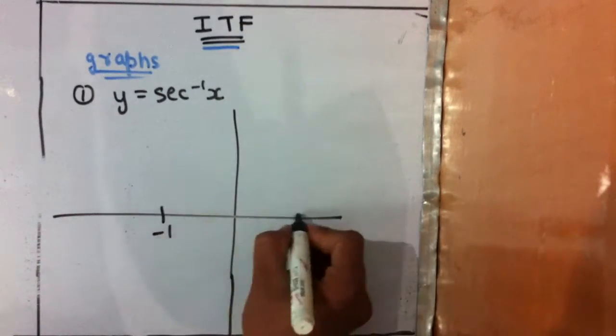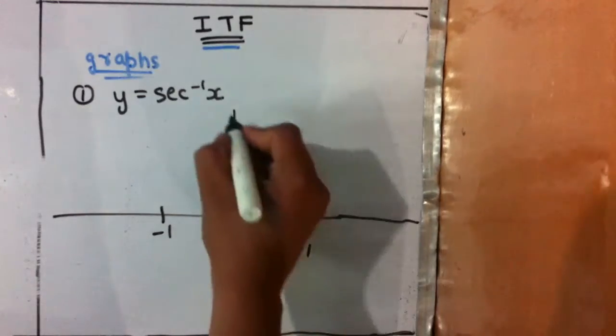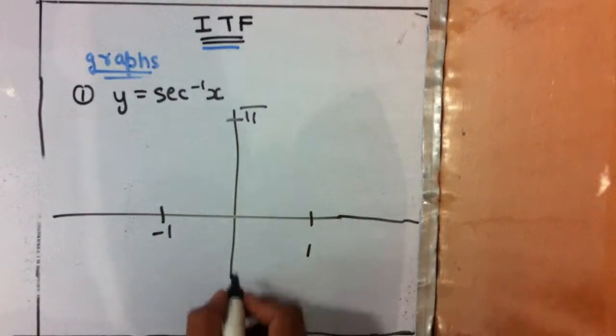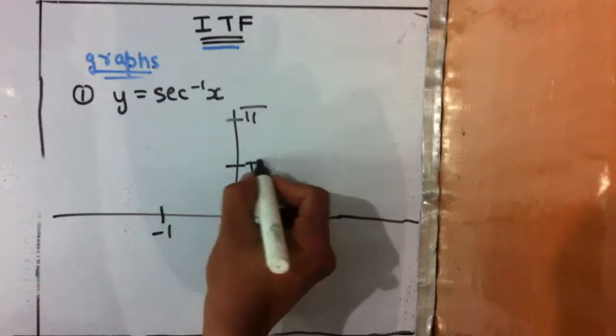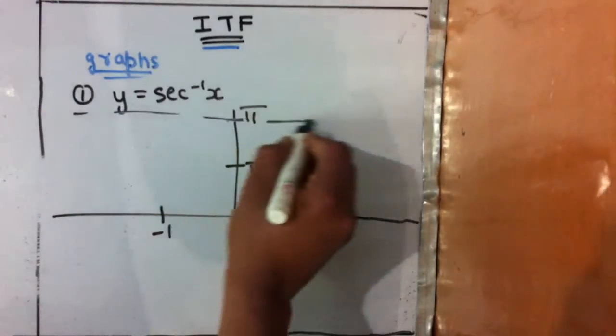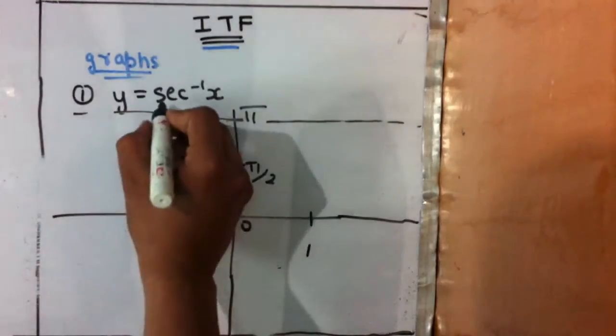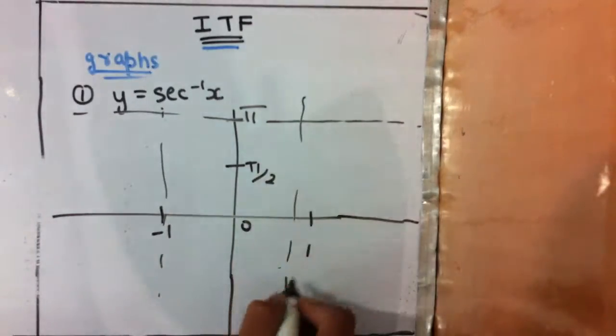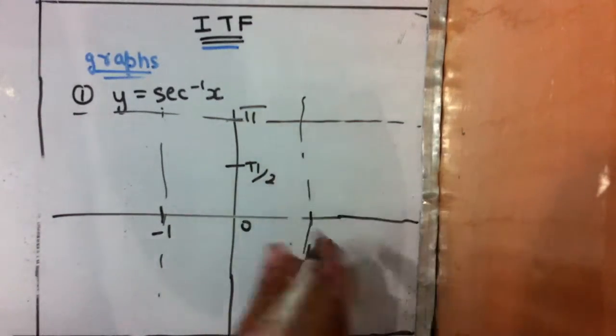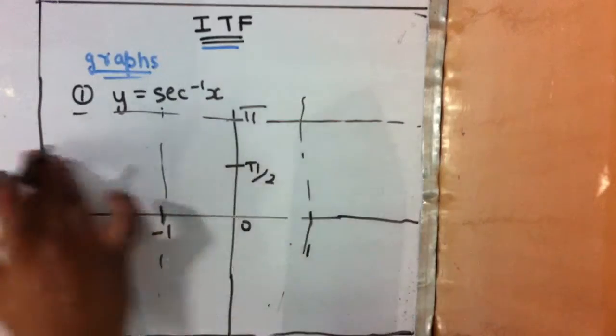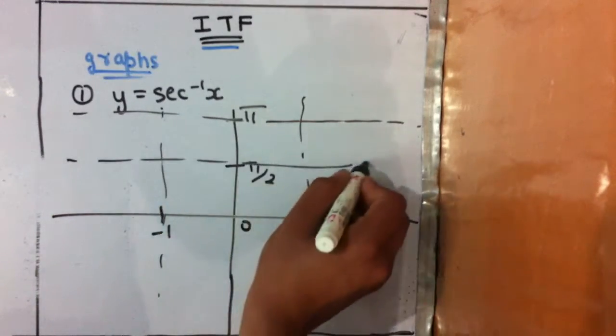For tracing the graph of this function, this is minus 1, this is 1, this is pi, this is 0, and this is pi by 2. The graph does not fall in this region; the graph falls in this region.